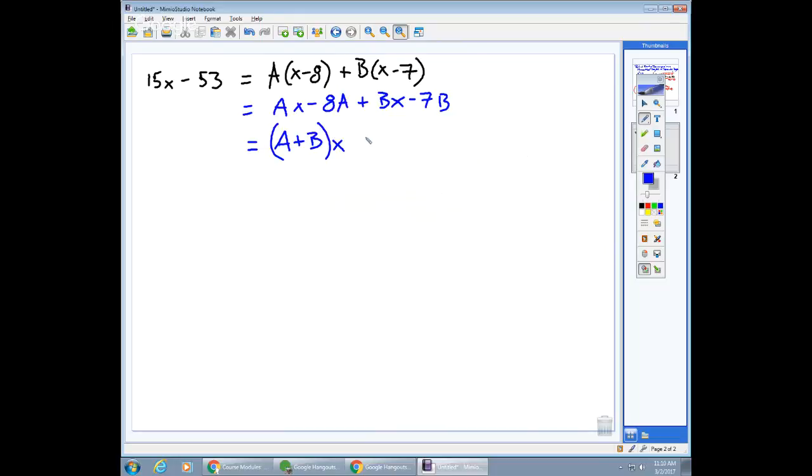And then I get my negative 8a minus 7b. And the theory goes here that that has to be equal to the 15x minus 53. So then the a plus b has to be the same as 15.